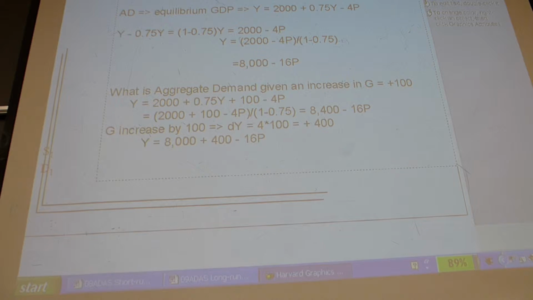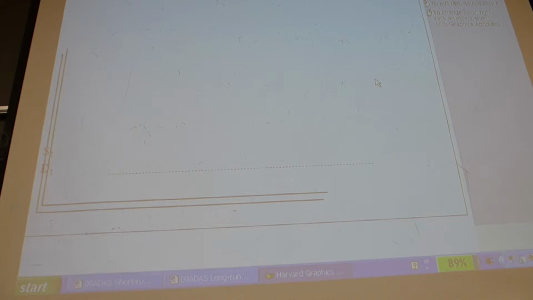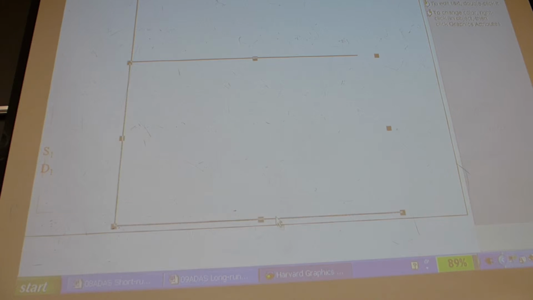Okay, let's go back. We're going to revisit what we did the last day to make sure we know what to do. So let's set it up. Upper diagram. Lower diagram.